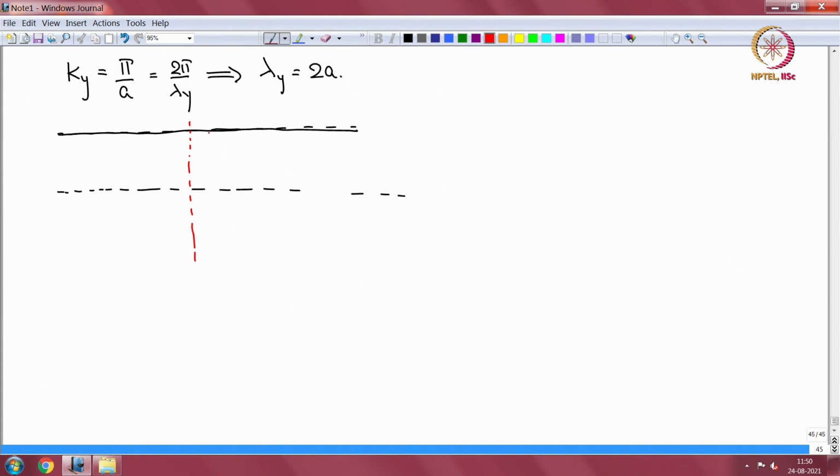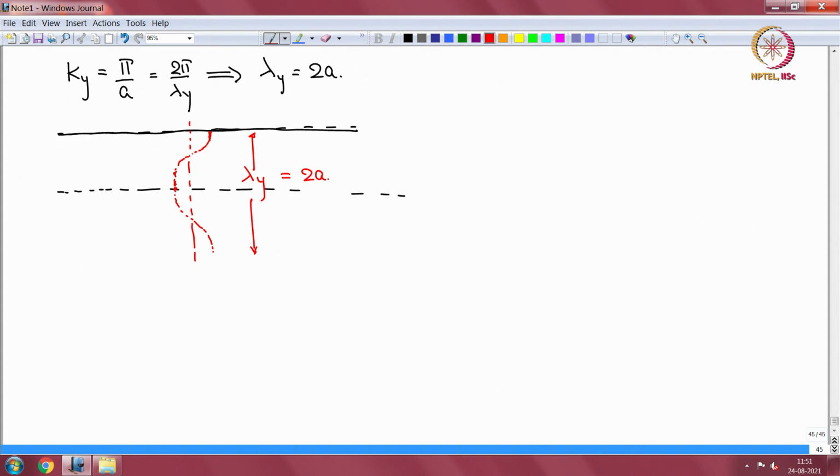So I start off at the top, it is a rigid plate, so I'll start with pressure gradient 0, so it will start with a high pressure, then it will have again a peak pressure, and then it completes the wavelength. So this is the full wavelength lambda y, which is equal to twice a.